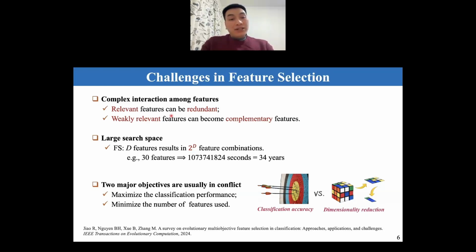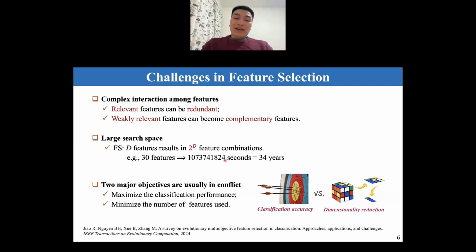Some other challenges include the search space. Imagine that you have D features originally, then the total number of possible feature subsets is 2 to the power of D. So the number of possible combinations increases exponentially with the number of features. I have a simple example here: suppose a data set has 30 features. Then the total number of possible feature subsets is 2 to the power of 30, which is this number here.